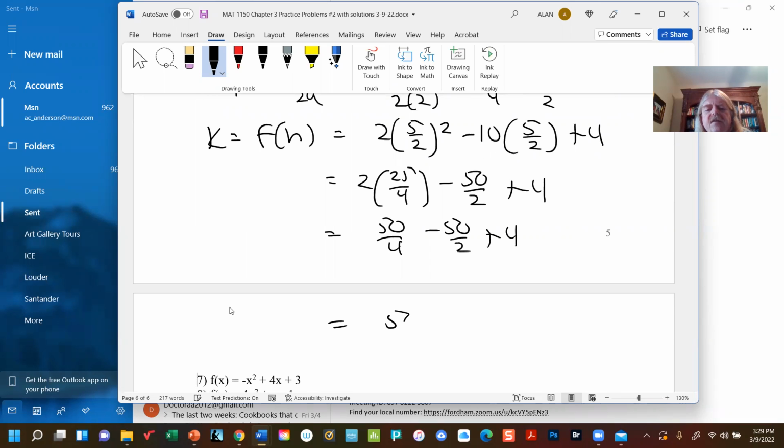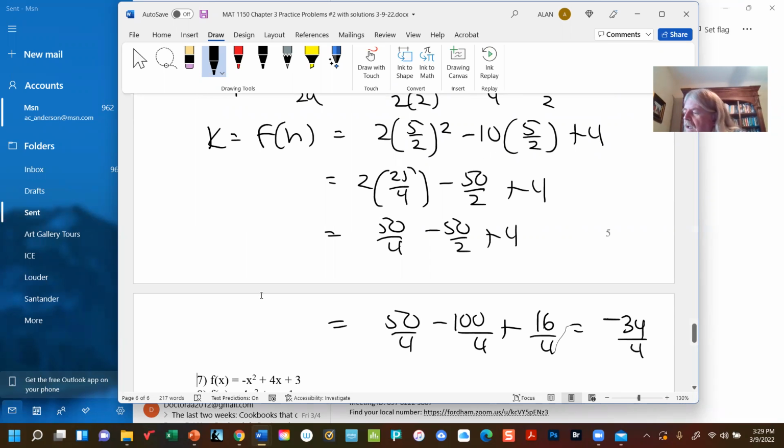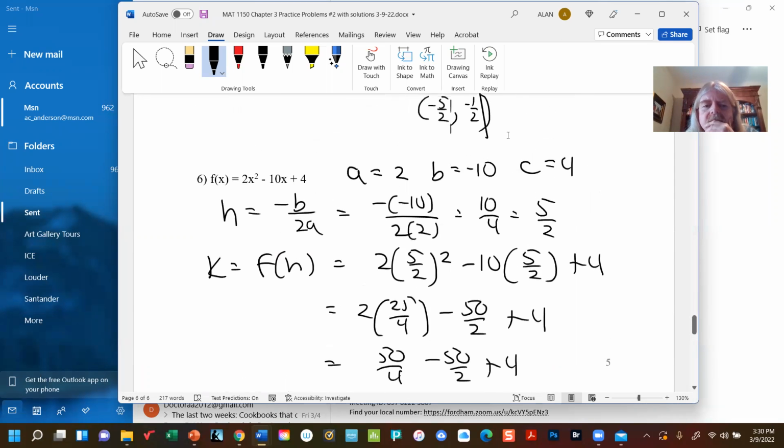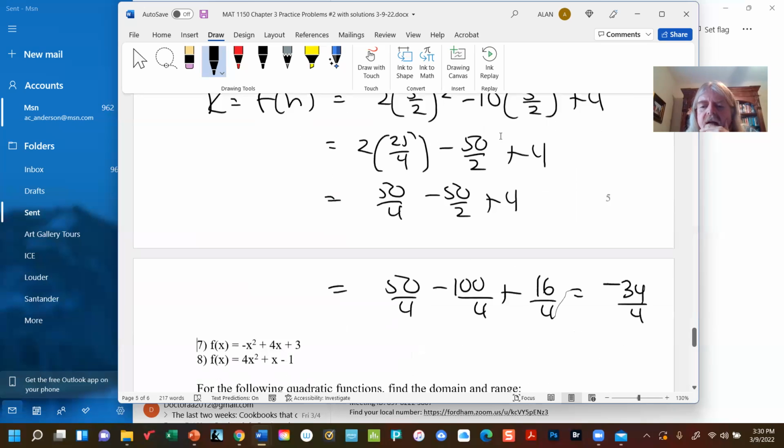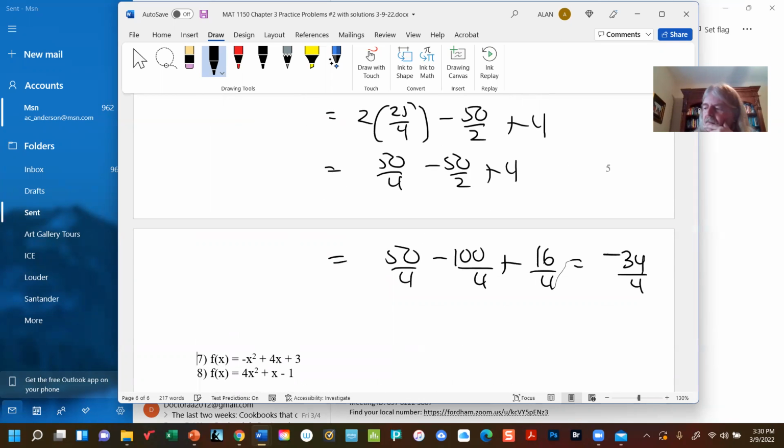All right, so I'll have 50/4 minus 100/4 plus 16/4. You have minus 50, minus 34/4, which you could then simplify, if you want to, as minus 17/2.